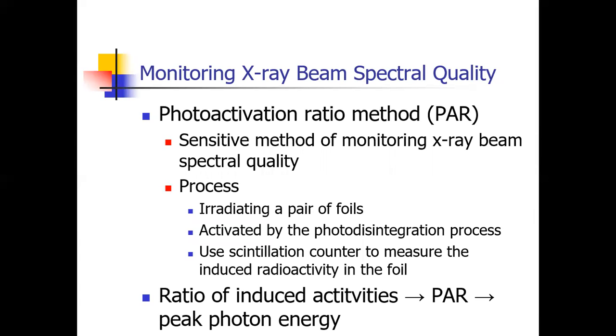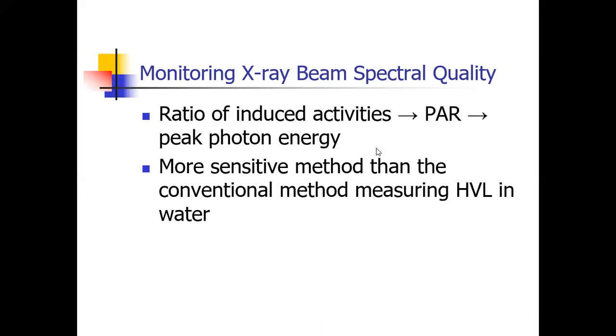The ratio of induced activities gives you PAR, which gives you the peak photon energy, and is a more sensitive method than the conventional method of measuring HVL in water.